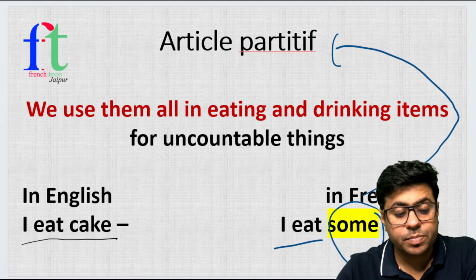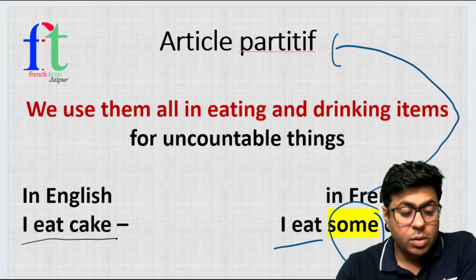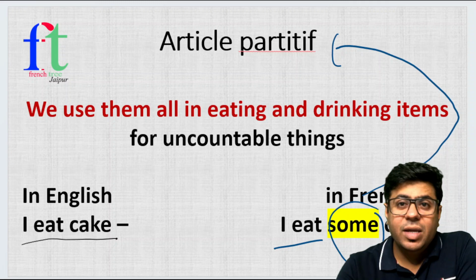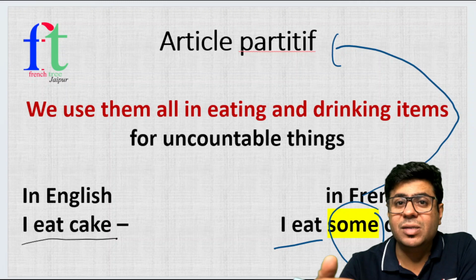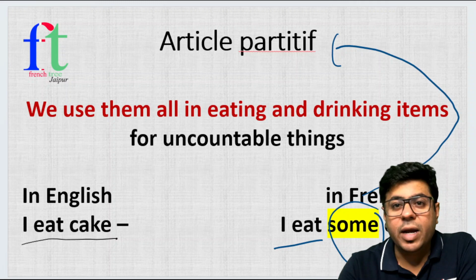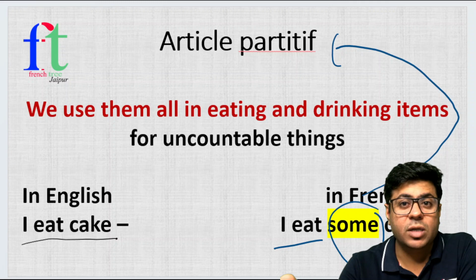But before going in depth into this grammar, why are they using it? In a single way, we can say it is for all those uncountable things, because French people say we cannot even measure the actual quantity of what we are having. For example, in English I say I drink water, but in French I cannot say it as if we could measure the quantity of water, like I am drinking 200 ml of water.